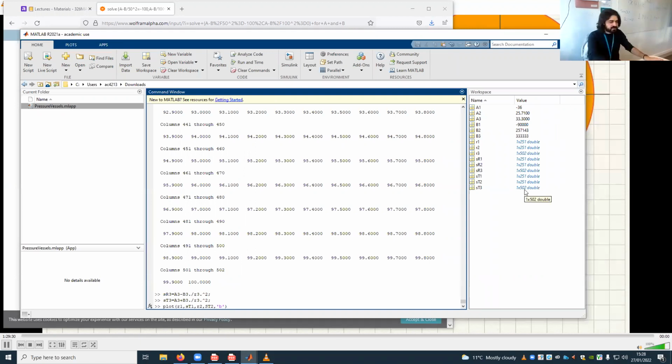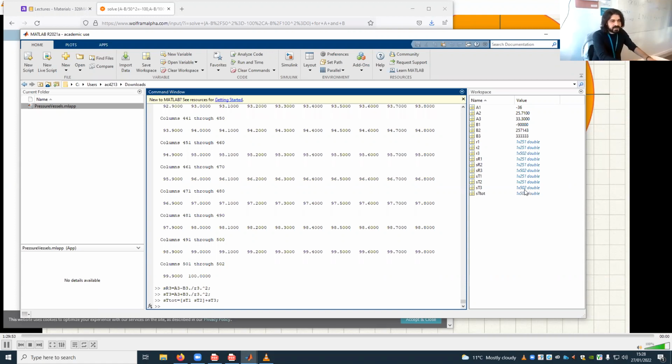So what I need is ST total equals ST1 and ST2 side by side plus ST3. This should be correct.